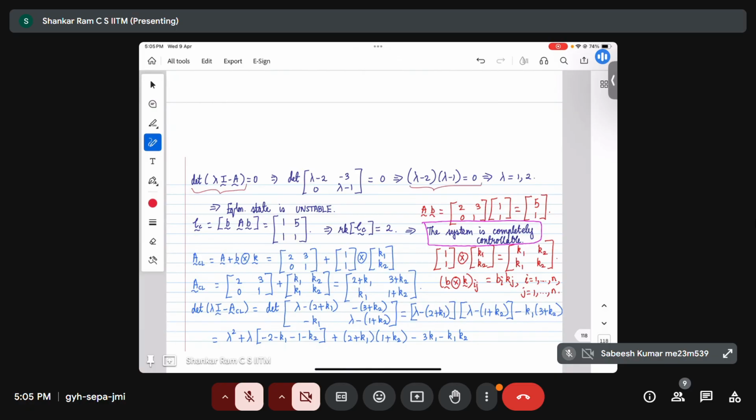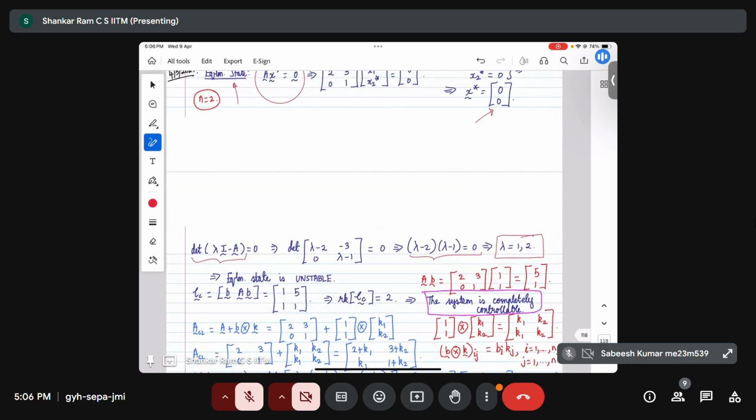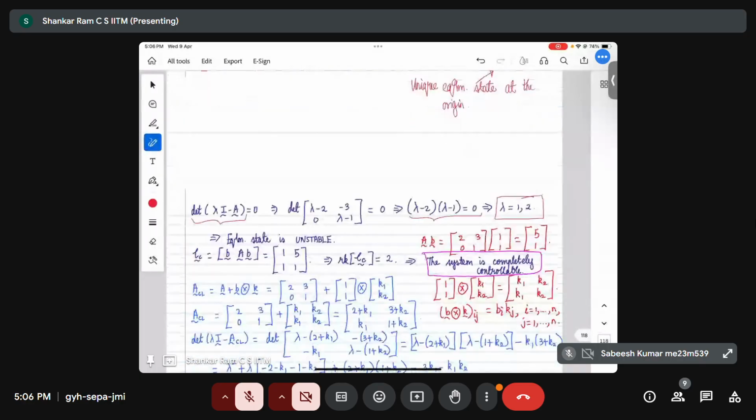Consequently, we get this as the determinant, and if we solve for the roots, we get the eigenvalues to be 1 and 2. Okay, so we know that we have a unique equilibrium state at the origin, and that equilibrium state is unstable. Okay, so that's what we can find out.